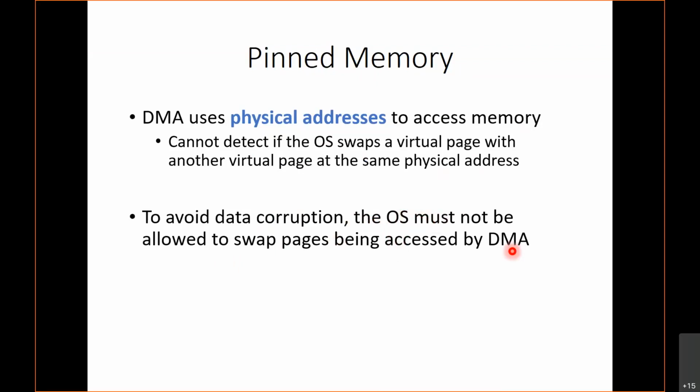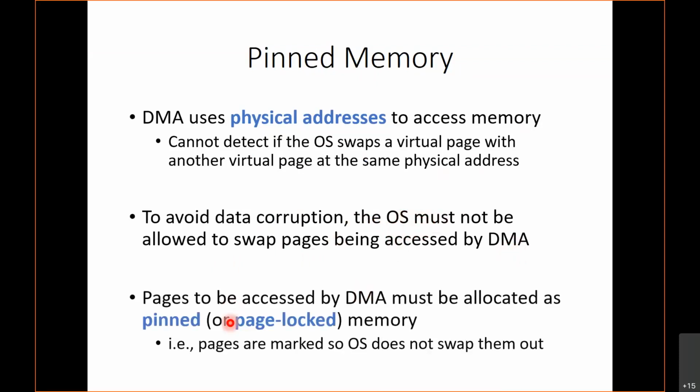So we need to lock these pages. Any page accessed by DMA needs to be page locked, or in other words, pinned. So we have to allocate it as pinned memory so it doesn't get swapped away. Anything allocated as pinned memory is marked, a special way of telling the OS, do not swap these pages.